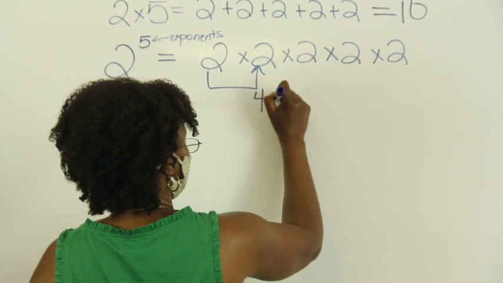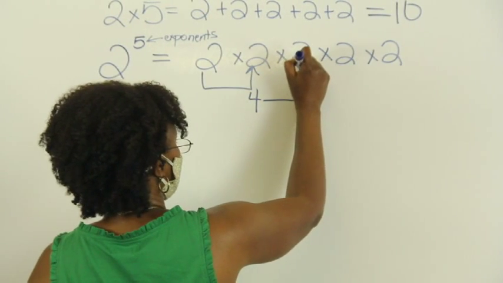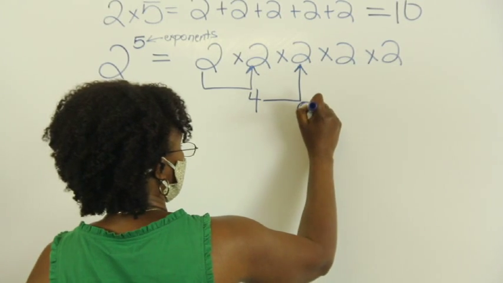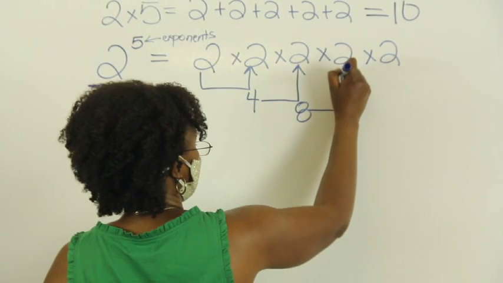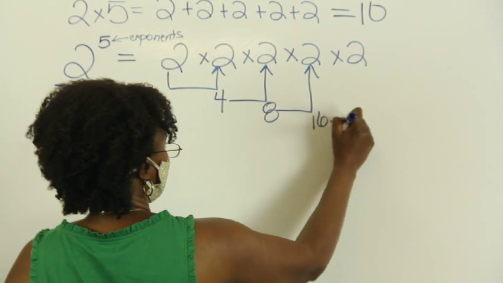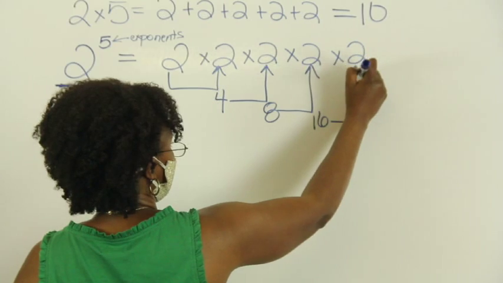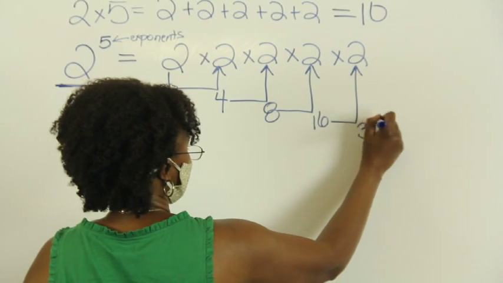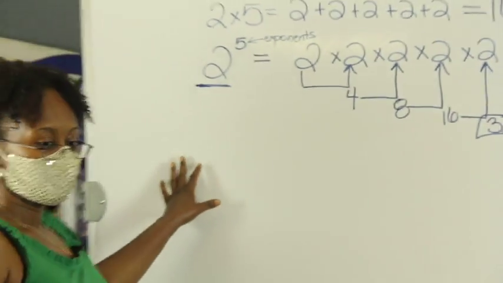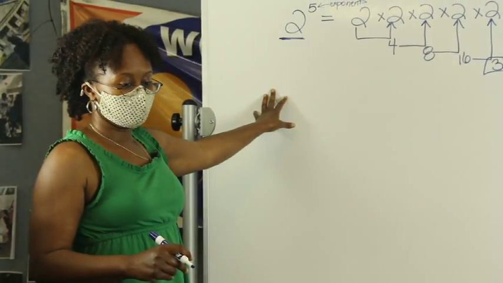And then 4 times 2 is 8. And then 8 times 2 is 16. And 16 times 2 is 32. And we get our answer. And that's how you do exponents, okay?